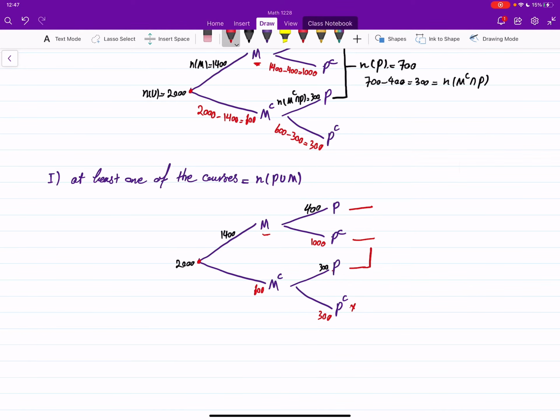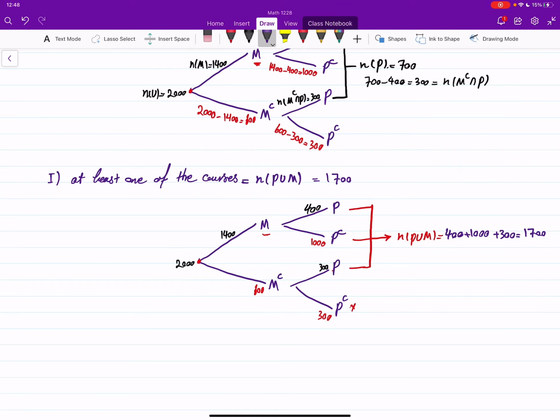So these three are the paths from the terminal points to the root which include either P or M. So N of P union M is going to be the sum of these numbers: 400 plus 1000 plus 300, and that will give me 1700. So this is 1700.